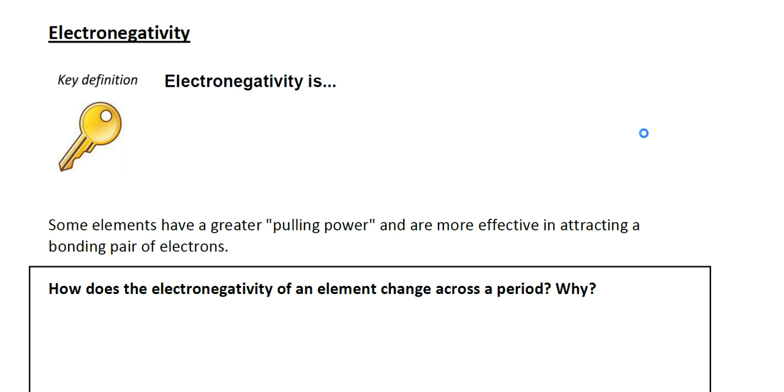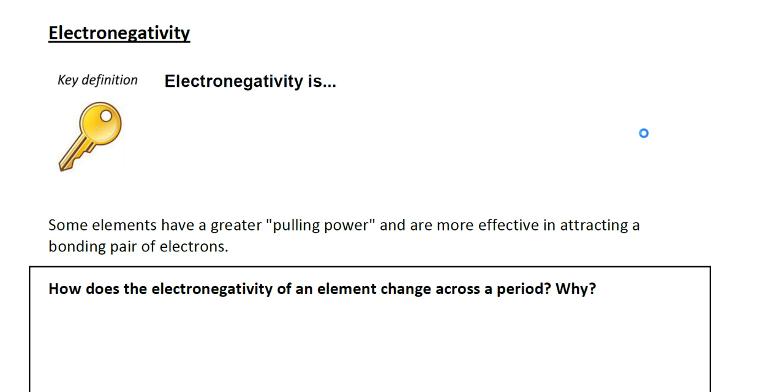Now imagine one of you has more pulling power. The bag of sweets moves closer to the person with the greatest pulling power. That's an analogy, but this is basically what electronegativity is. It's about pulling power. We're not talking about bags of sweets.